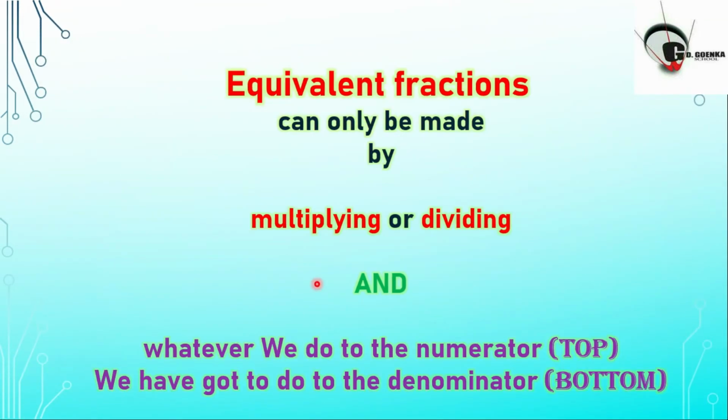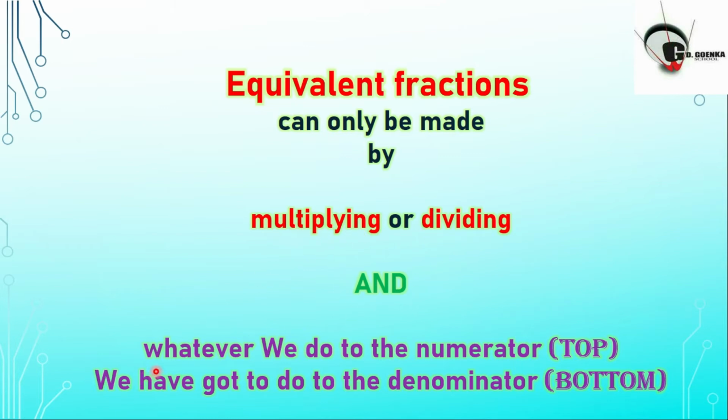Now children, there are 2 points to be noted. How can we make the equivalent fraction? We can make the equivalent fraction by multiplying the numerator and denominator, or by dividing the numerator and denominator. The first thing is multiply or divide.